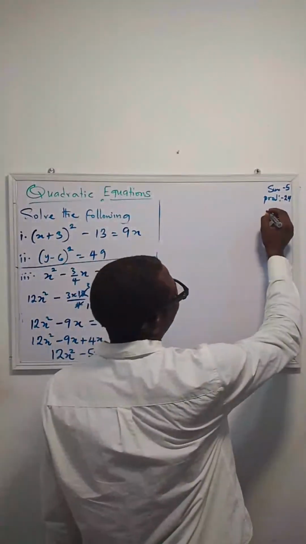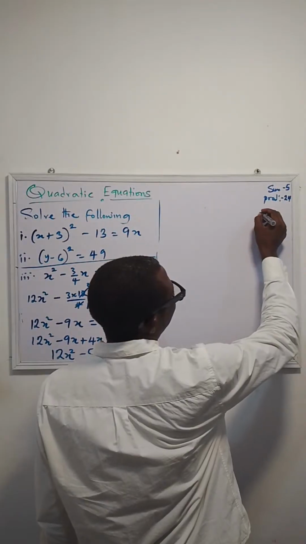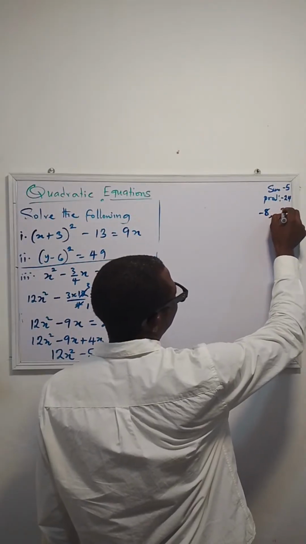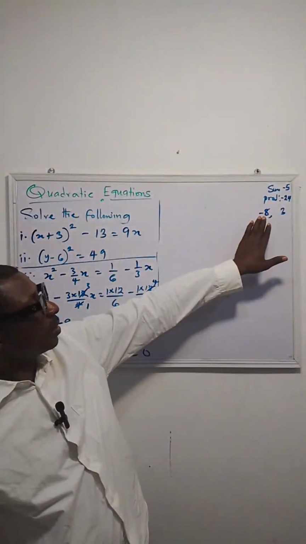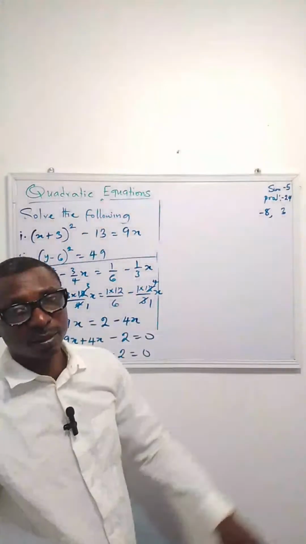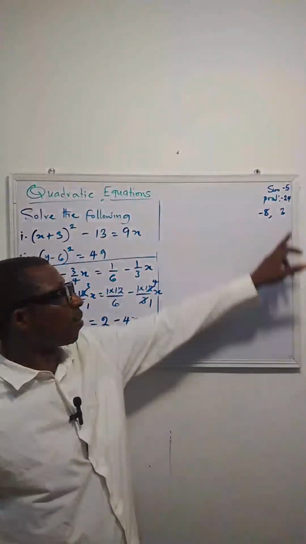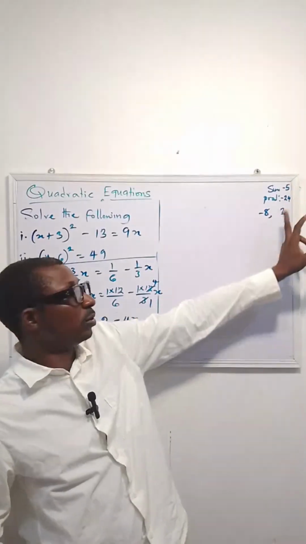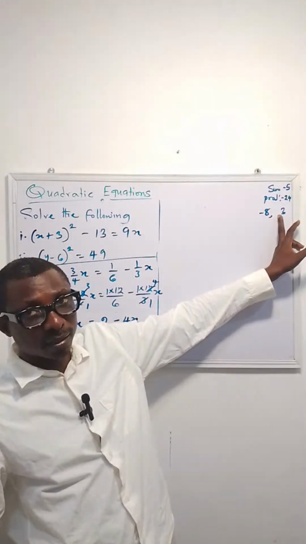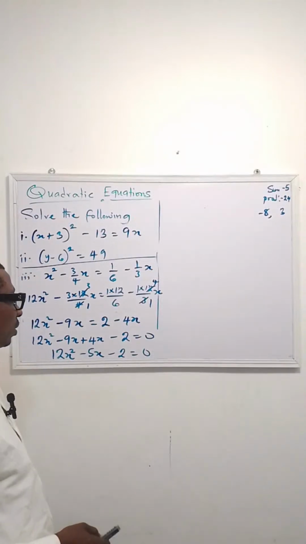So let's think of negative 8 and 3. Now look at this. What is negative 8 times 3? That gives you negative 24. And when you add this together, you have negative 5. So the two numbers are negative 8 and plus 3.